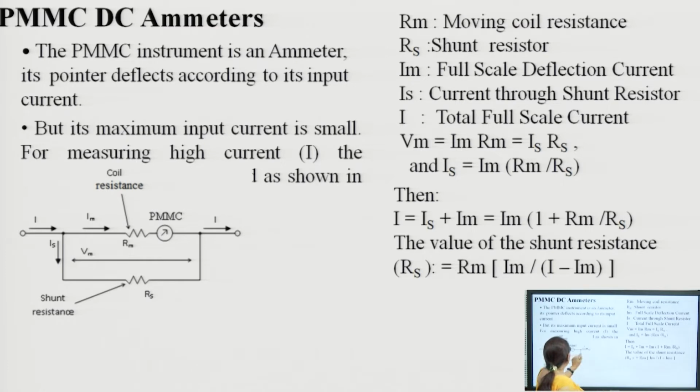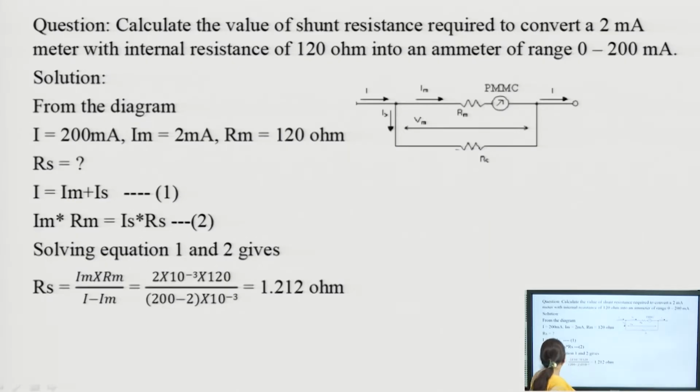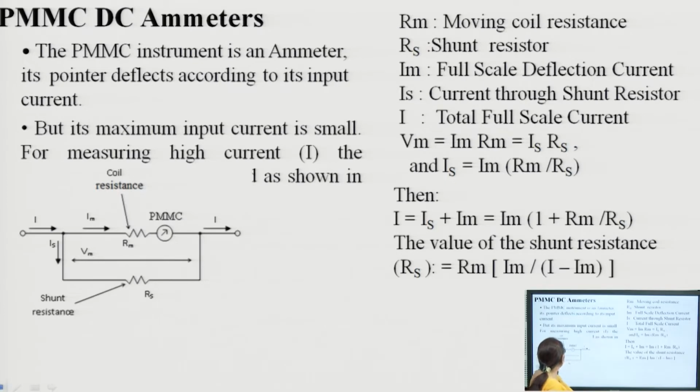In this diagram, Rm is the coil resistance, the resistance of the copper coil. Rs is the shunt resistance that we have placed, so that most of the current flows through it.